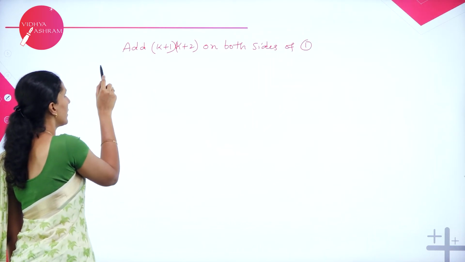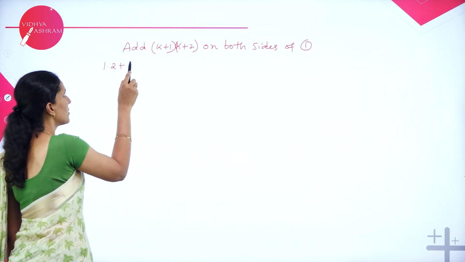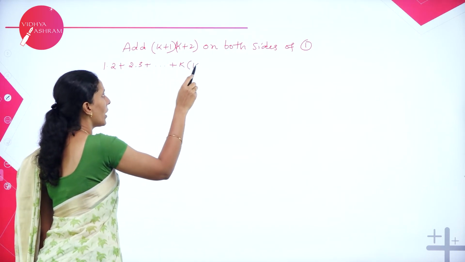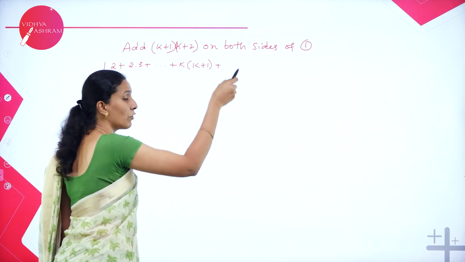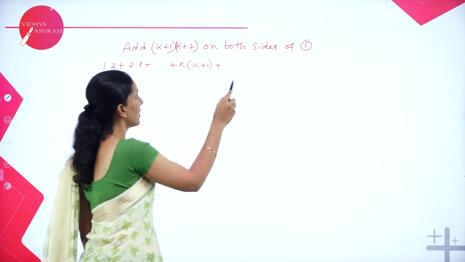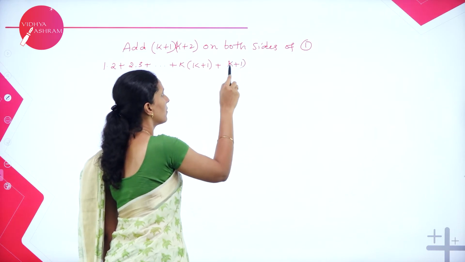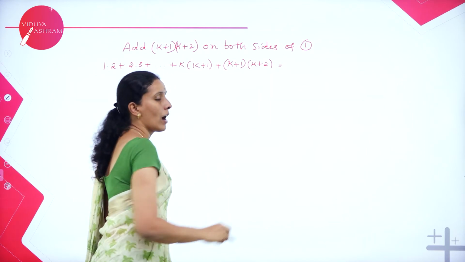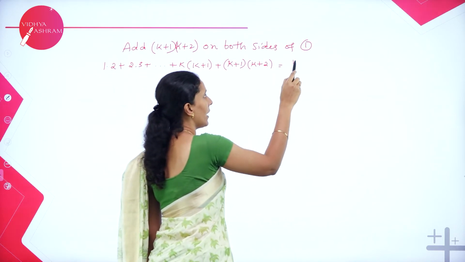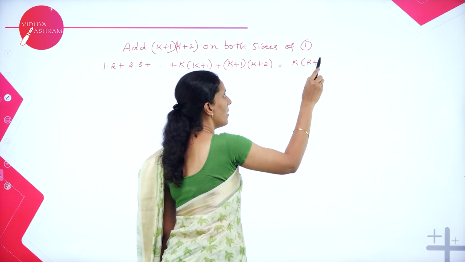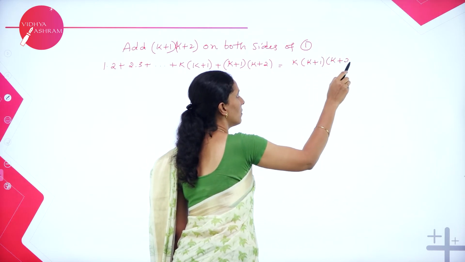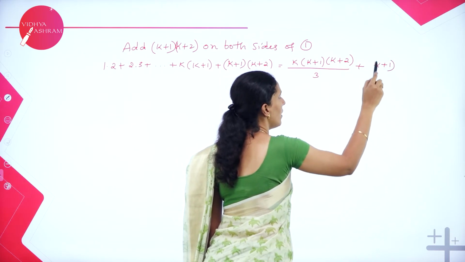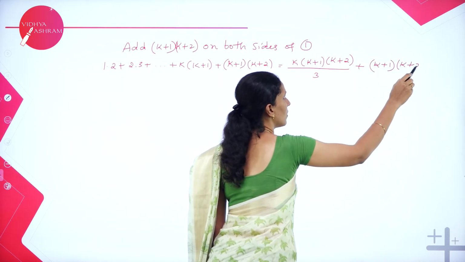What happens? 1 into 2 plus 2 into 3 plus etc. k into k plus 1 is already there, and we take one more term, that is (k+1)(k+2). On your right hand side you have k(k+1)(k+2) divided by 3, plus (k+1)(k+2).